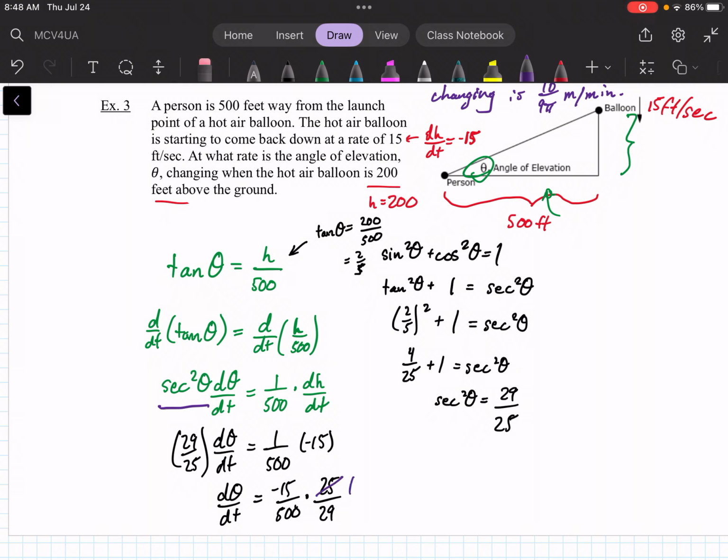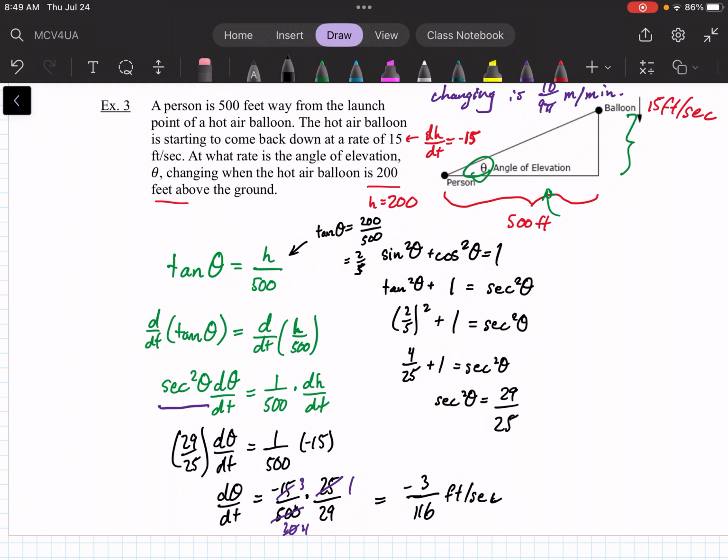I can divide 25 into 500 20 times. I can also reduce that negative 15 and 20 to negative 3 over 4. So now this expression is just going to be negative 3 over 4 times 29. 4 times 30 is 120, take 4 off, so 116. So this is feet per second listed there.